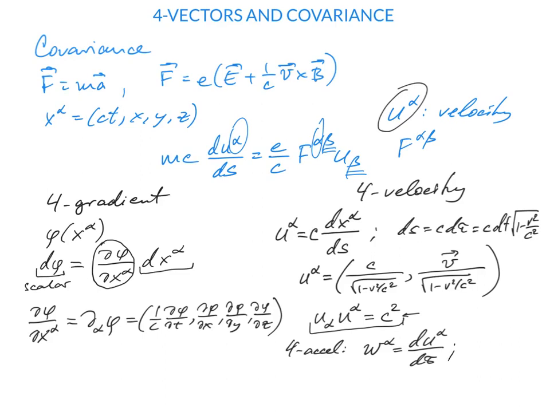So the 4 acceleration contracted with the velocity is 0. So in this 4-dimensional sense, the acceleration is kind of orthogonal to the velocity. In the next segment, we'll see how these ideas of covariance can be used to work out the relativistic equations of mechanics.